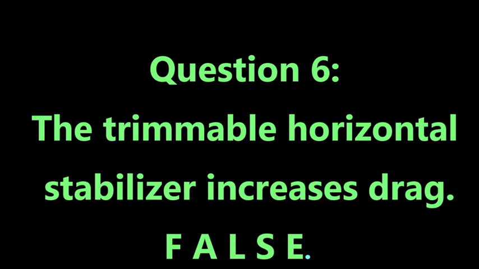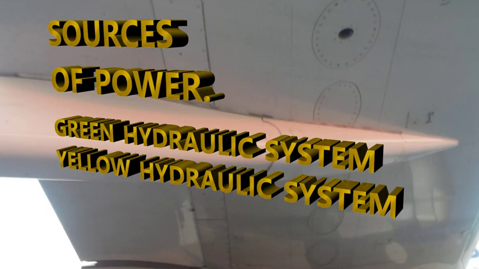Now let's go ahead and talk about your sources of power. Obviously, we talk about actuators, and in this particular case, we're talking about the hydraulic system. Flight controls are run by the hydraulic system as the source of energy. In the A320, we have 3 hydraulic systems: your green, yellow, and blue hydraulic systems.